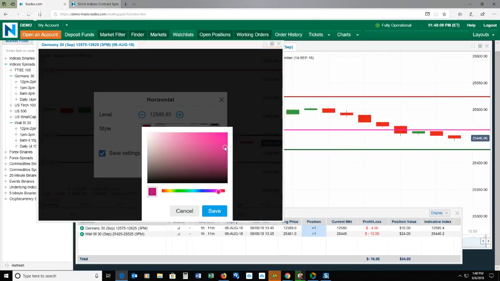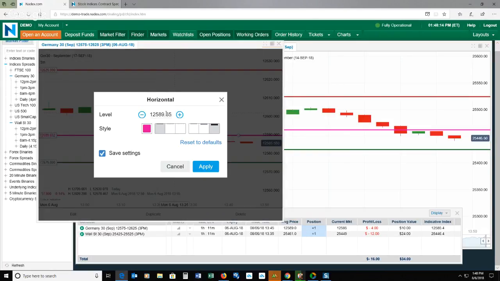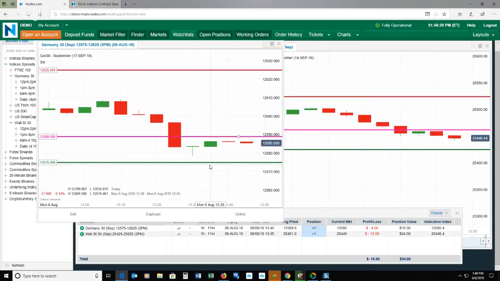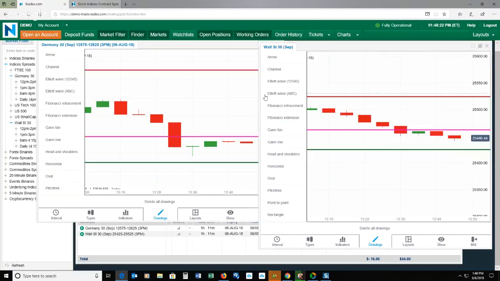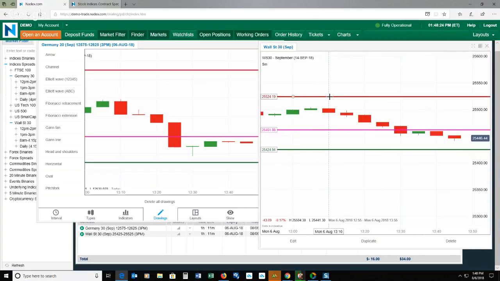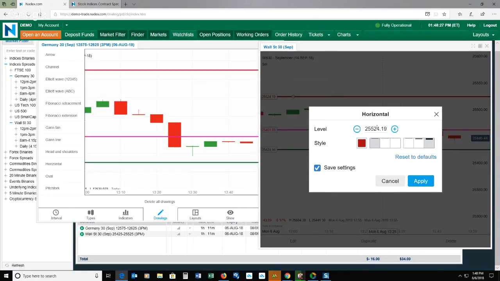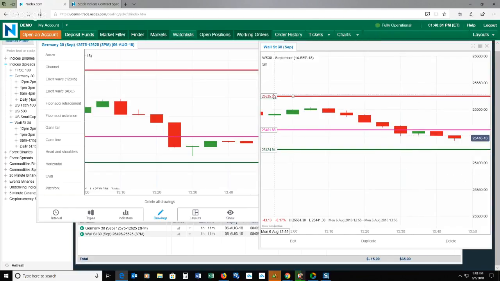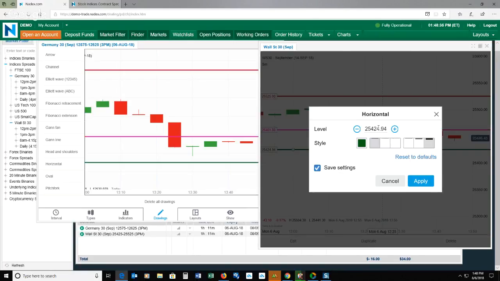That one with magenta. Okay, I'm going to go ahead and modify these so I don't confuse y'all. The spreads always end with the double zeros, so it's pretty easy to read them.